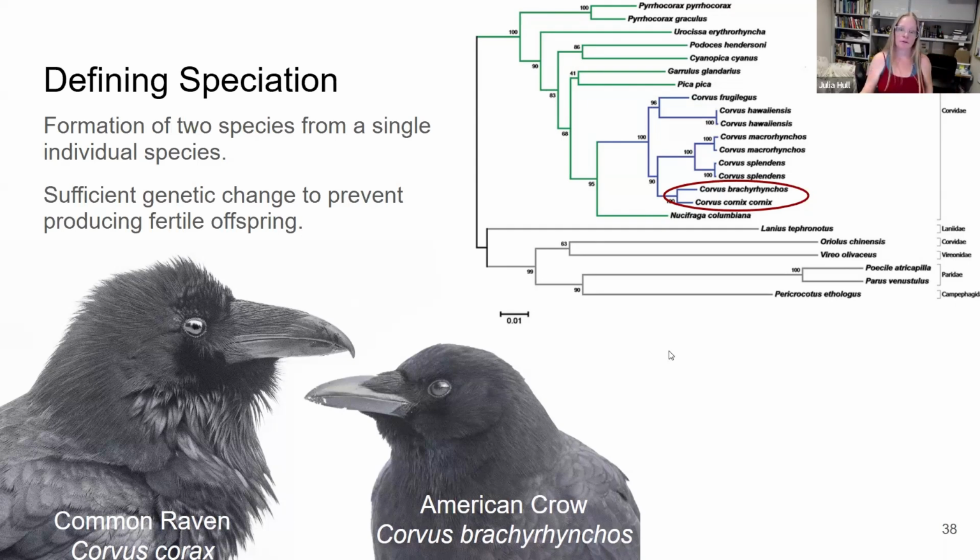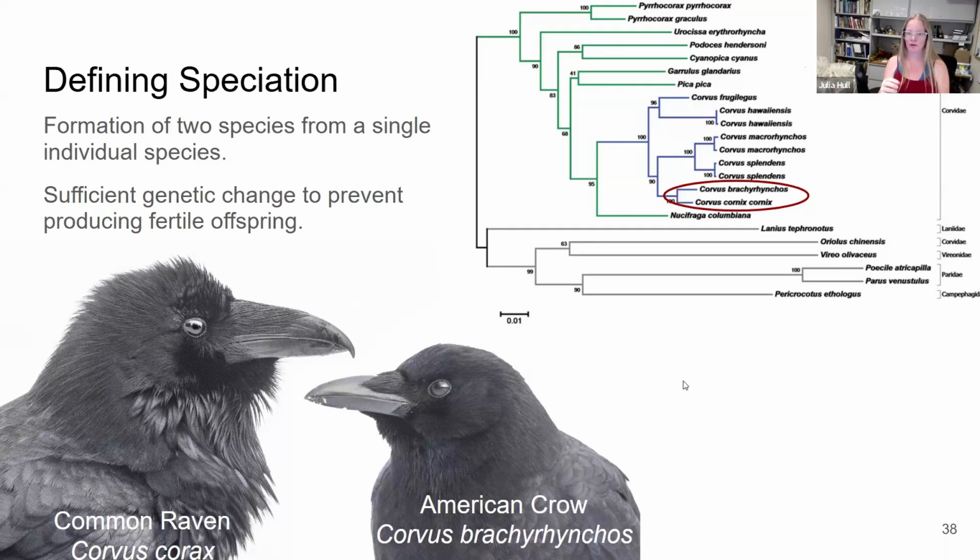Okay. So let's look at our example that we have commonly around Flagstaff, and these actually are two very widespread species that are closely related to each other. So we have our common raven and our American crow. And if we go back through this phylogenetic tree, we can see that their common ancestor was fairly recent back in evolution.